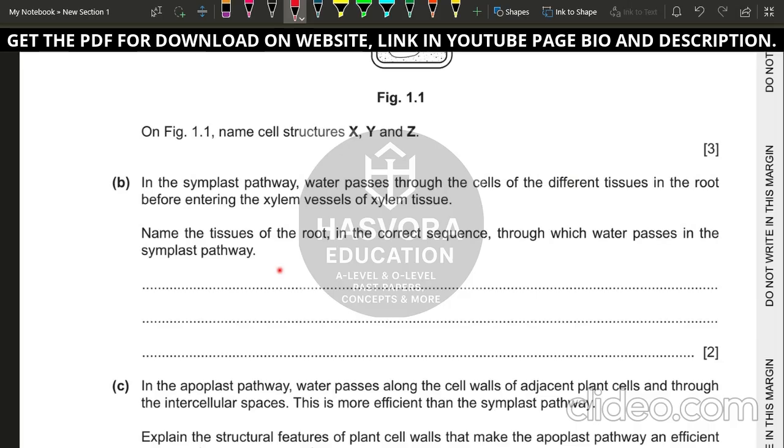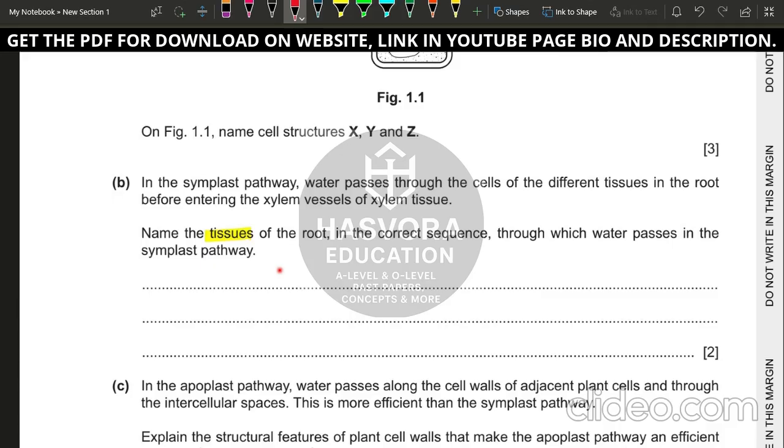Okay, but here they are asking that name the tissues, so we have to name the tissues. We do not have to give an answer in the form of cells, okay, because you will lose your marks if you write cells. So in the correct sequence through the path which water passes in the symplast pathway.